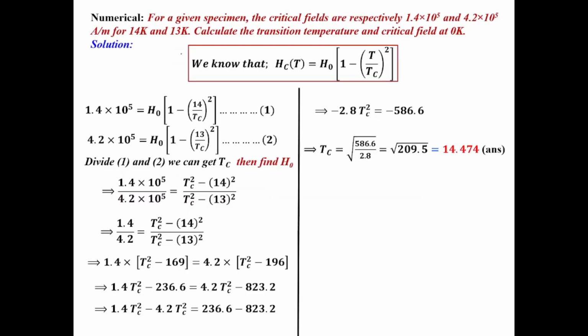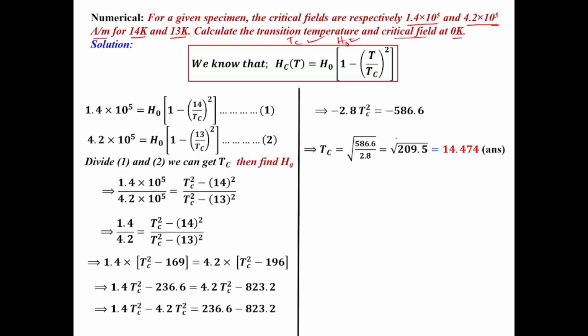Consider the next question. For a given specimen, the critical magnetic fields are 1.4 into 10 to the 5 and 4.2 into 10 to the 5 ampere per meter for 14 Kelvin and 13 Kelvin respectively. Calculate the transition temperature and the critical field at 0 Kelvin. Tc and H naught we have to find out.